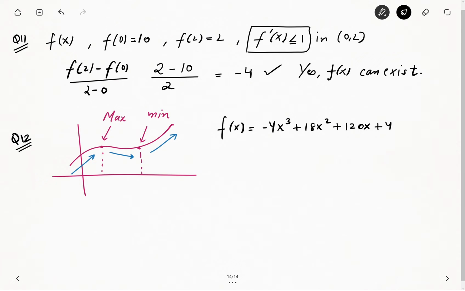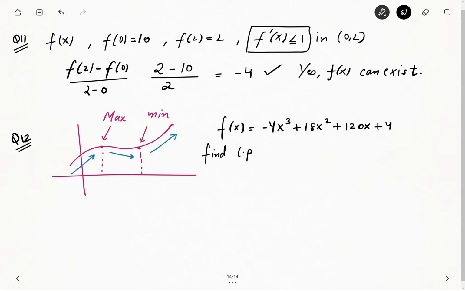Given that function, we need to figure out which interval it's increasing on and which interval it's decreasing on. To figure out the intervals, we need to find the critical points first.